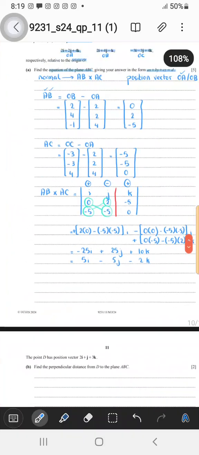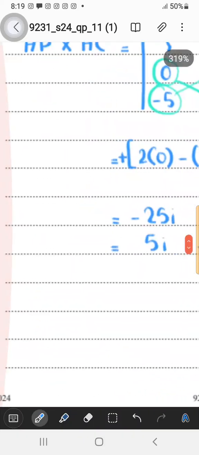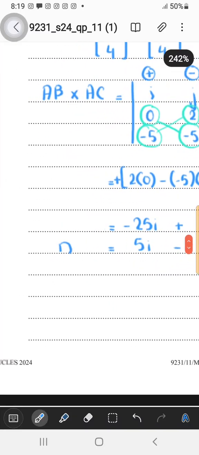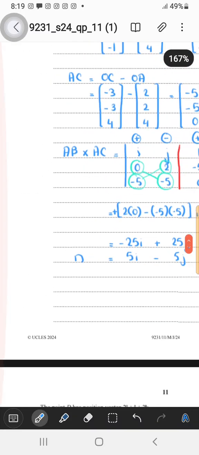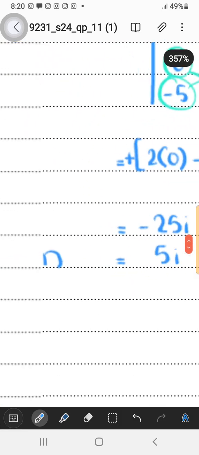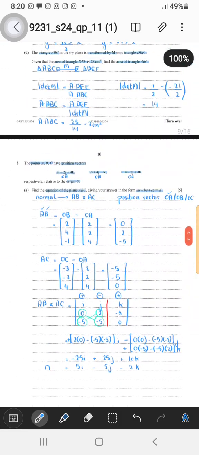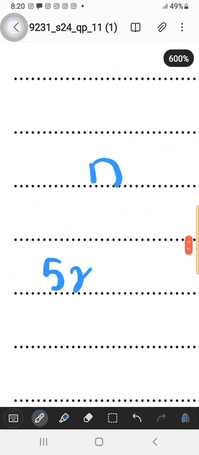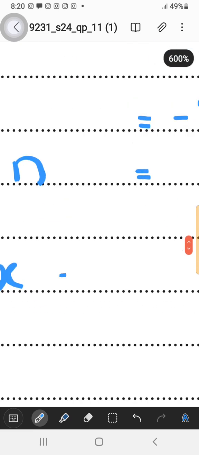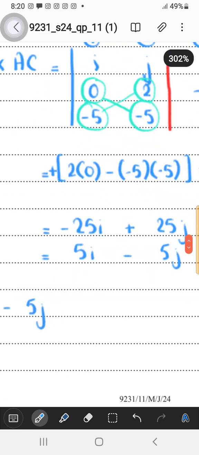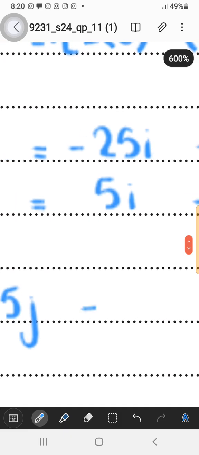Now we will move ahead. We got our normal. We got the first thing for which we were working out. So 5i minus 5j minus 2k. Now what to write out in this form? We will write this as 5x minus 5j, minus 5j and minus 2k.